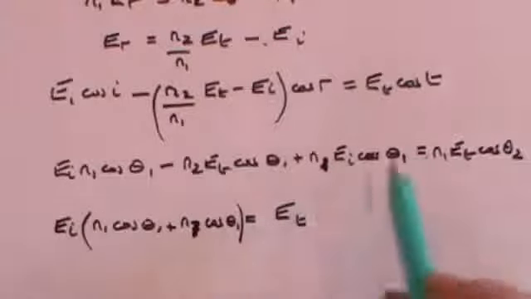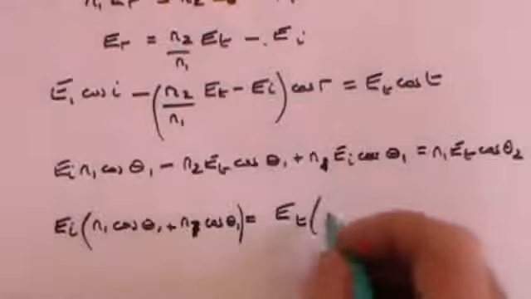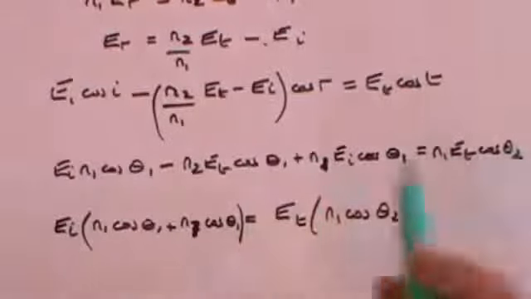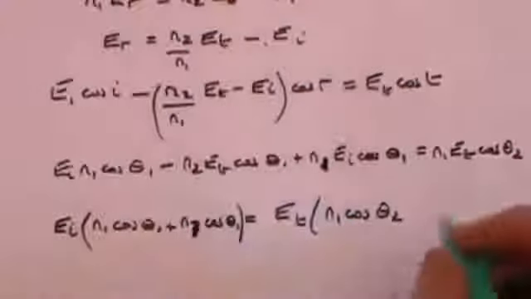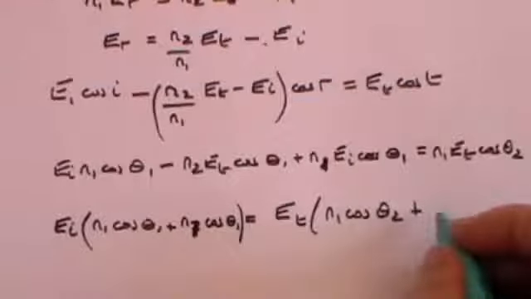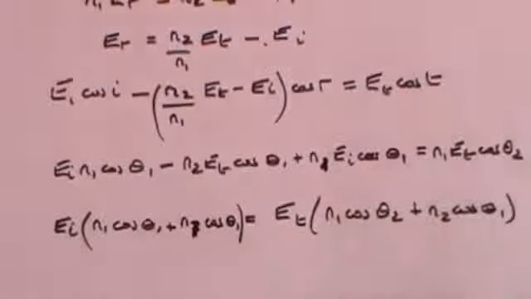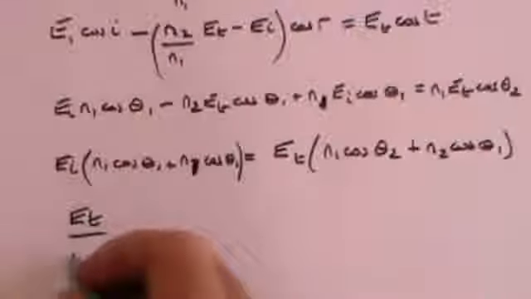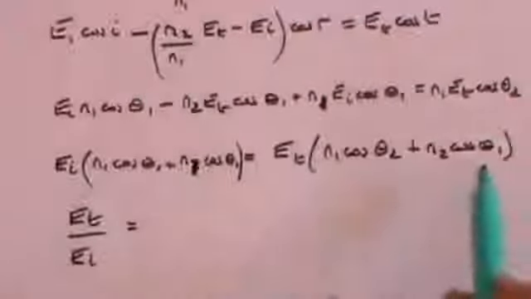Now what about the right-hand side? Well, we've got an n1 cos theta 2 on that side. And here we've got a minus n2 cos theta 1, which when we take it over the other side will be a plus n2 cos theta 1. And now we can do the et divided by ei, and that's going to be this term divided by that term.